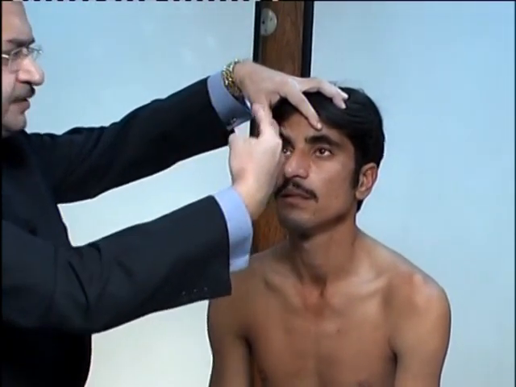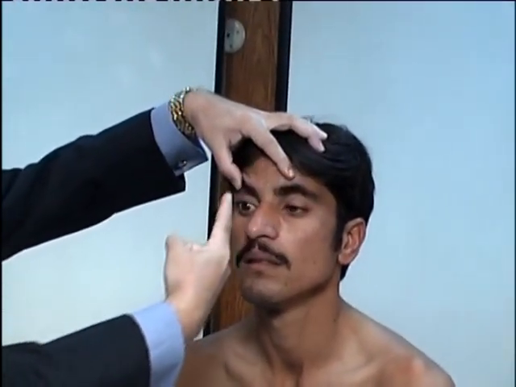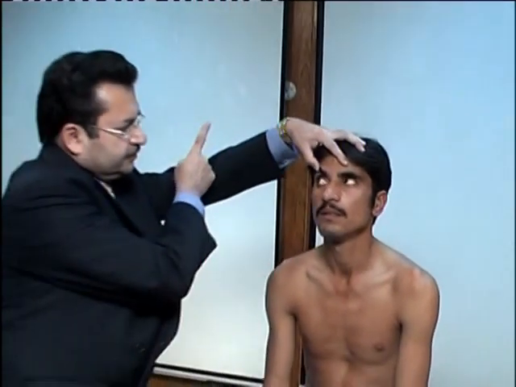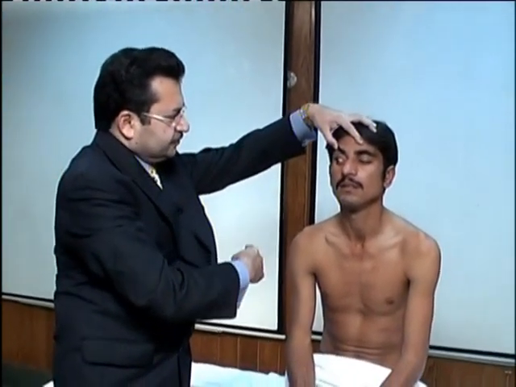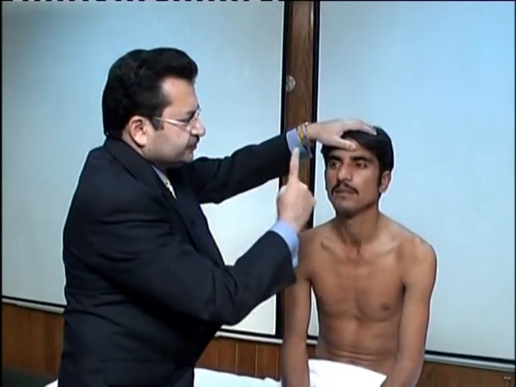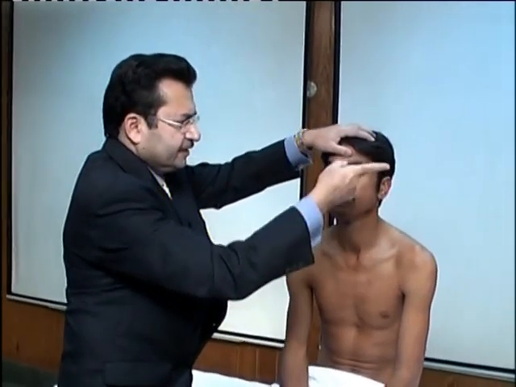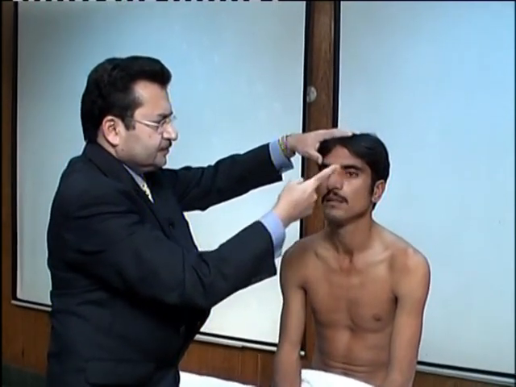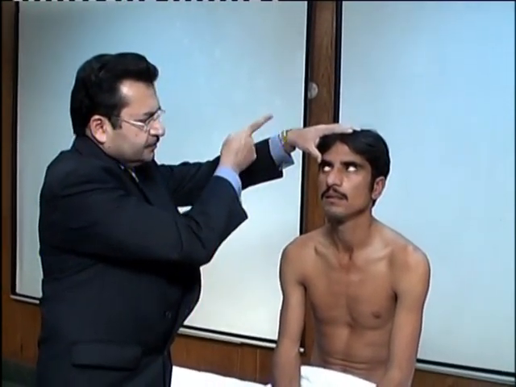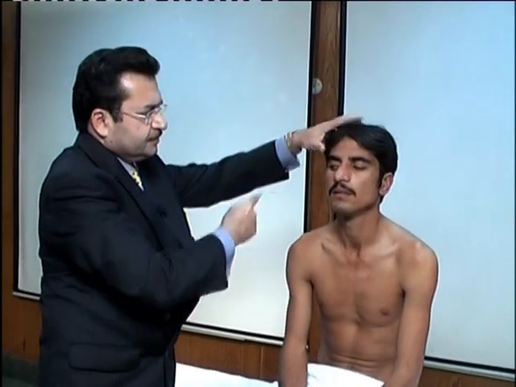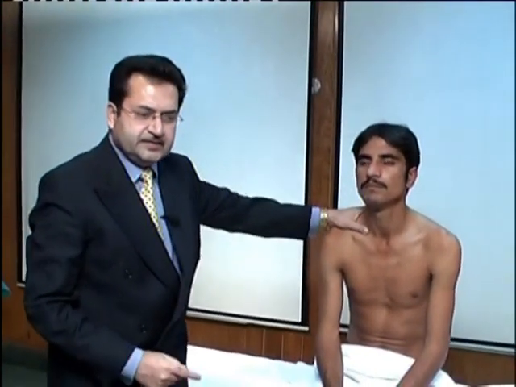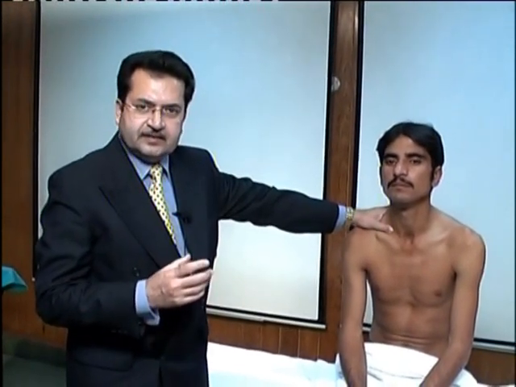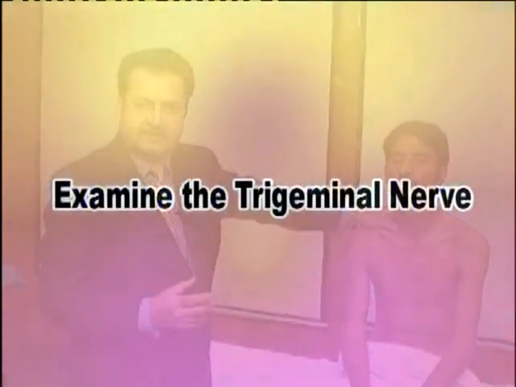Then you go on to the oblique. Sometimes it's important to take the patient's eye to the lateral side and then ask him to look up. By this, you can easily see whether these movements are symmetrical or not, or whether there is any weakness of any muscles supplied by these.